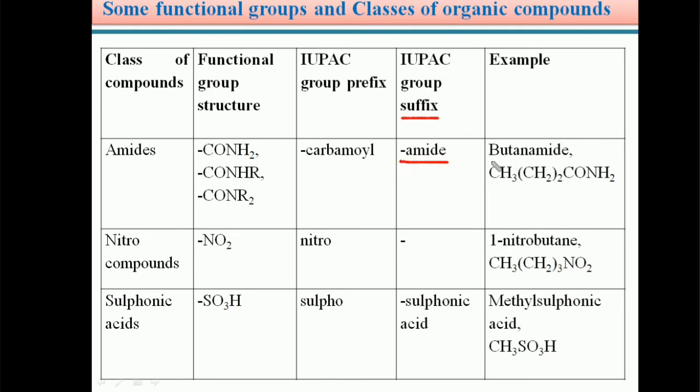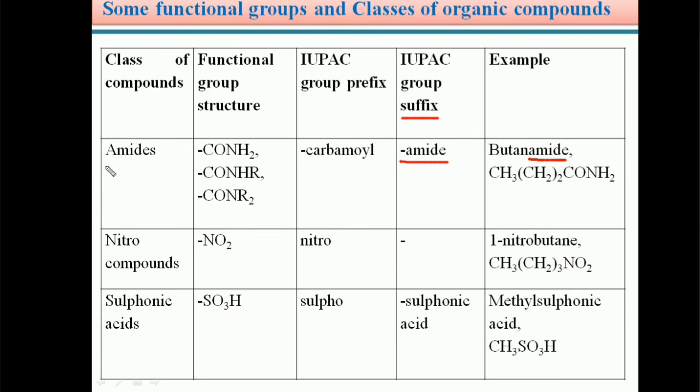For example, you can see butanamide. In butanamide, there is a direct bond between four carbon atoms, 1 2 3 and 4. So butanamide, because four carbons, butan, amide.